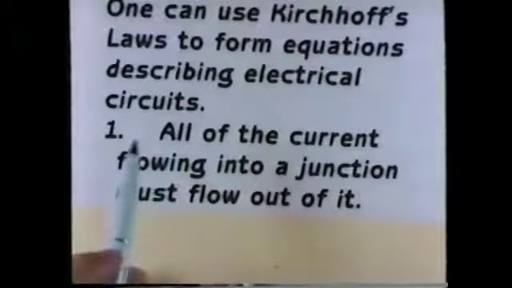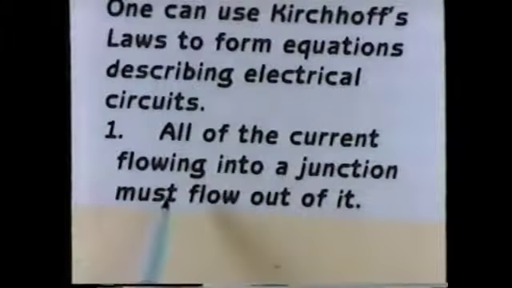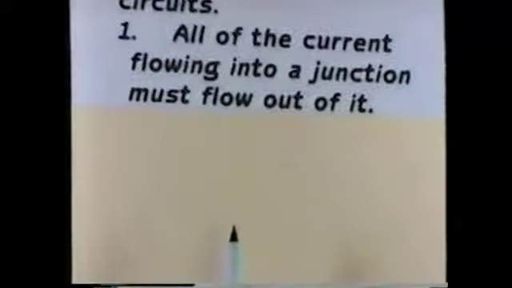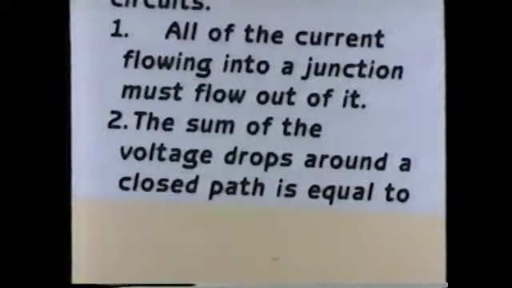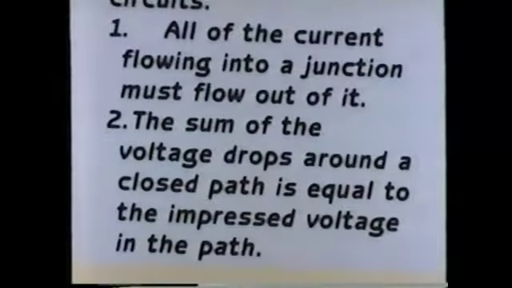Kirchhoff's first law says that all of the current flowing into a junction must flow out of it. So that means a junction cannot absorb any of the current. And the second one is the sum of the voltage drops around the closed path is equal to the impressed voltage in the path.